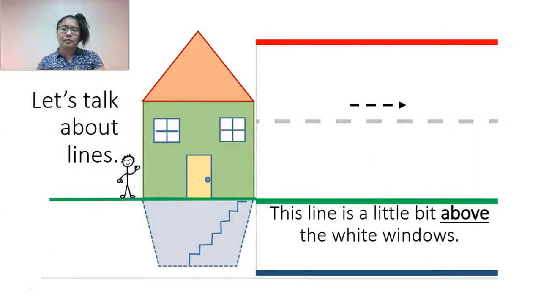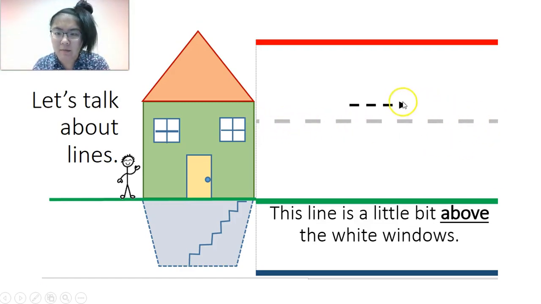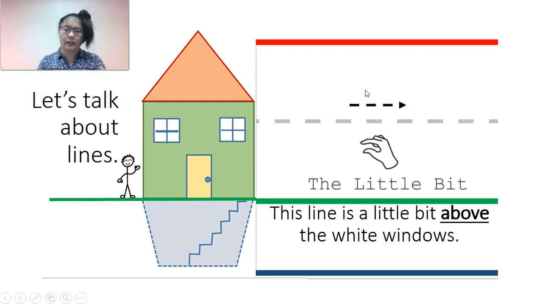Good. So, new vocabulary, looking at this line is a little bit above the white windows. So you see the white windows, and here's the white window line. This line is a little bit above the white windows, a little bit.